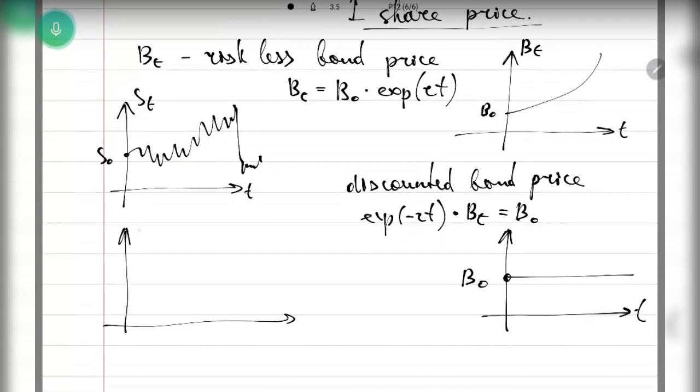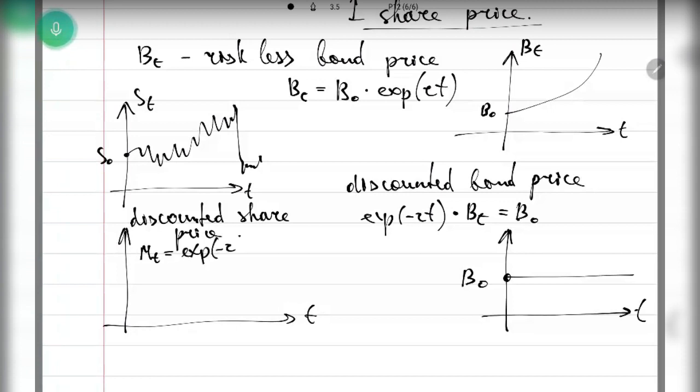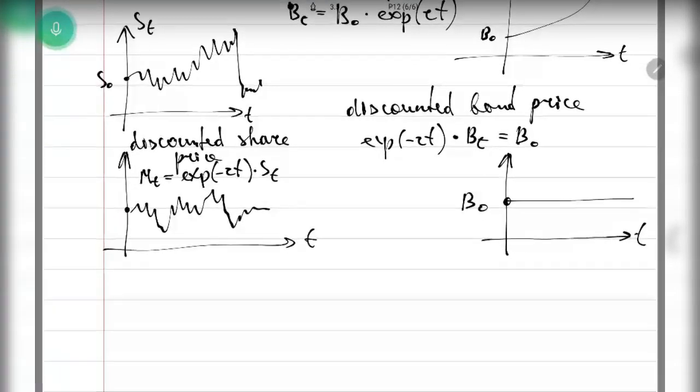This is the discounted share price, and this is T. This is MT equal to exponent minus RT times ST. And the discounted share price, we know that under P star, that's a martingale.